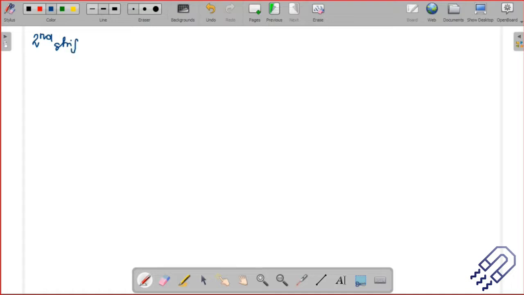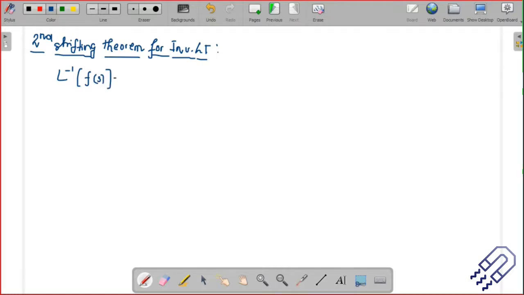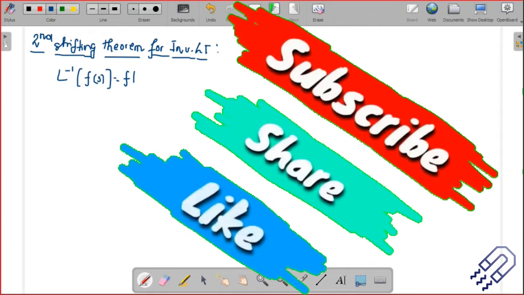So we have to take the inverse function. L inverse of Fs is equal to f of t. So this is the inverse transform.